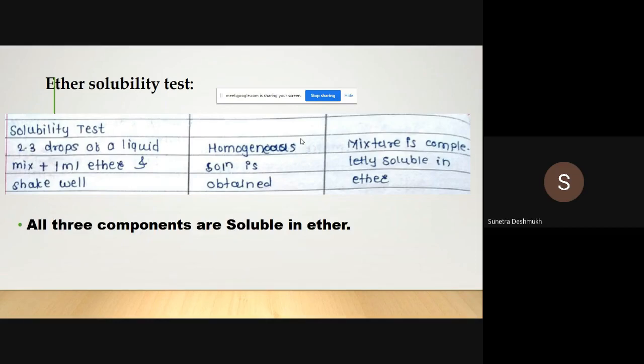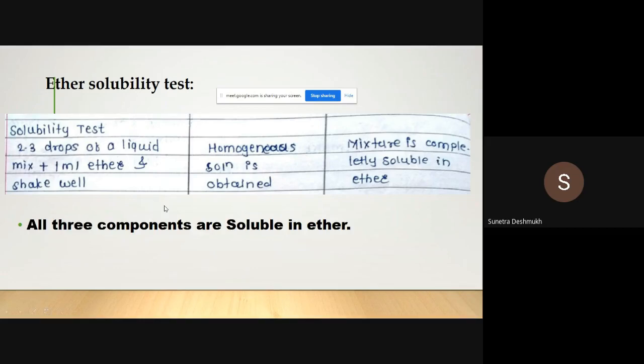If you don't get a homogeneous solution, then not all components are soluble, and the mixture is insoluble in ether. But in this mixture, acid, phenol, base, we are getting a homogeneous solution in ether. So I will write here that the mixture is completely soluble in ether. That's why all three components are ether soluble.